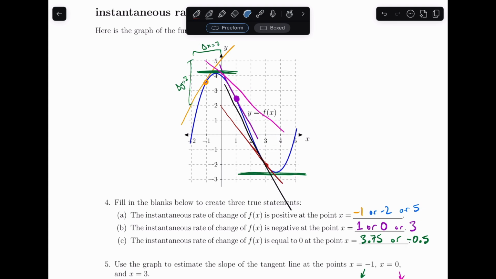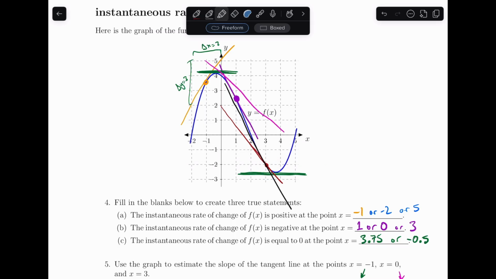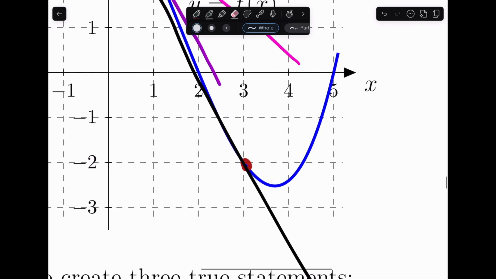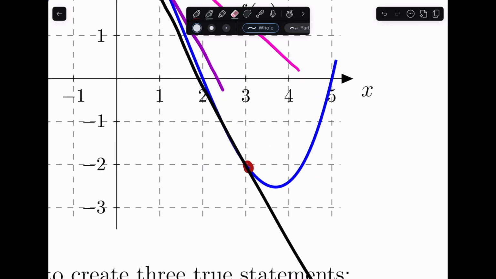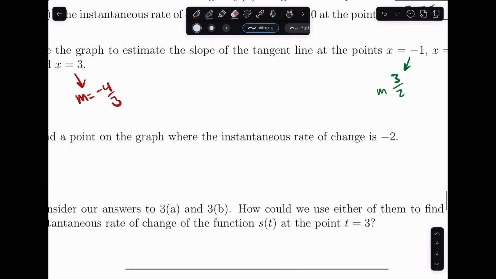So remember, a tangent line should just touch the graph. So here maybe it looks like around x equals 2.5. That works. Let me clear this out a little bit more so you can see. And if we zoom in, sure, there is another answer. I'll leave that for you to find, but x equals 2.5 is a good answer there.